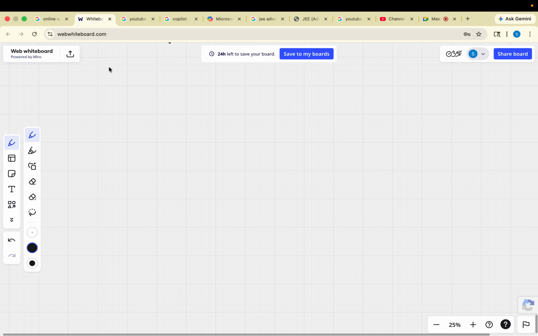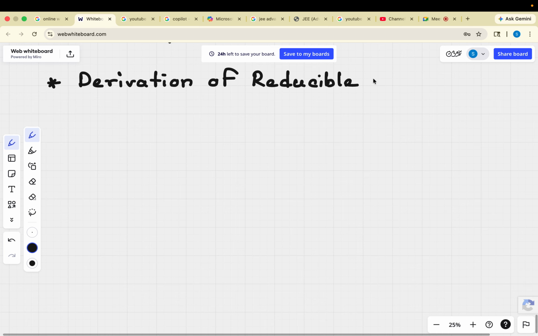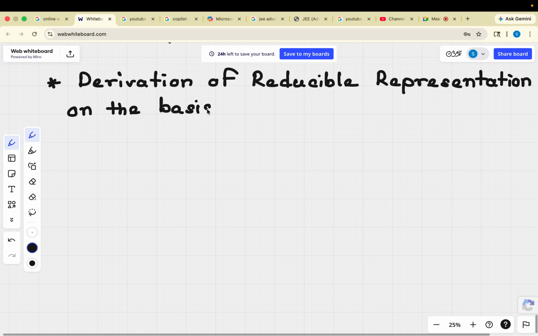Fine. Now next, write down the derivation of reducible representation on the basis of 3n coordinates, okay.